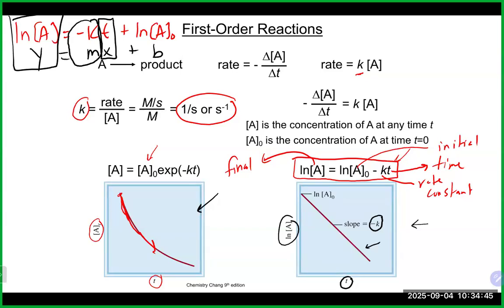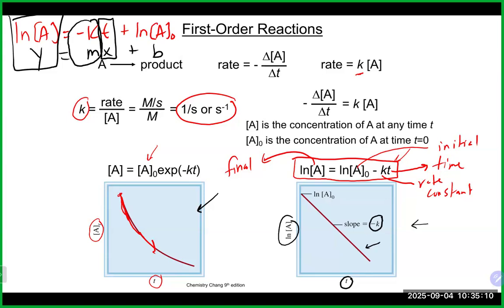So again, your rate constant should be positive, especially in lab. When people do this experiment we're going to do next week, they always want to end up with negative rates or a negative rate constant. But that's why there's the negative here in that relationship, and your slope will be negative. So those two should turn everybody into a positive number when you do it.